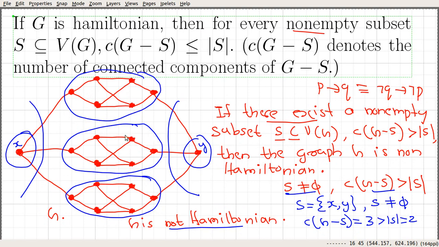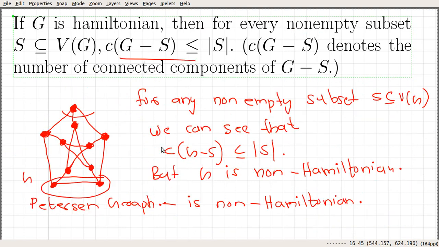The first example shows how to apply this theorem to prove that certain graphs are not Hamiltonian, and in the second example we saw that even though a graph satisfies this condition, that graph may not be Hamiltonian. In the next video we will prove that the Petersen graph is not Hamiltonian.